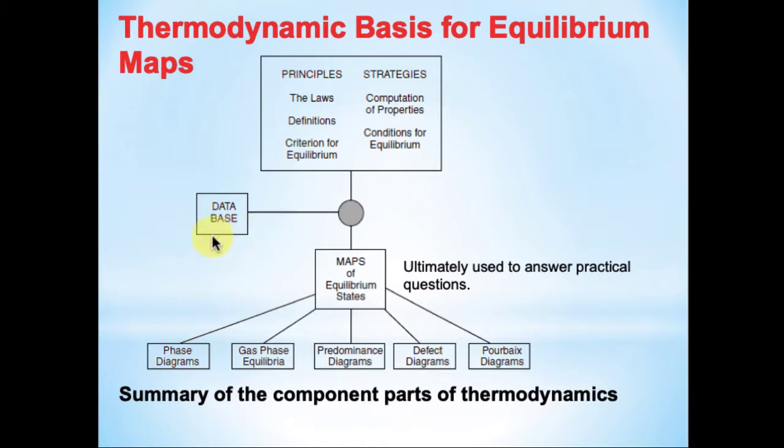For databases, thermodynamics identifies the minimum information set that must be obtained to compute the properties of a system. The list of properties in this minimum set expands as the system under consideration exhibits more variables.